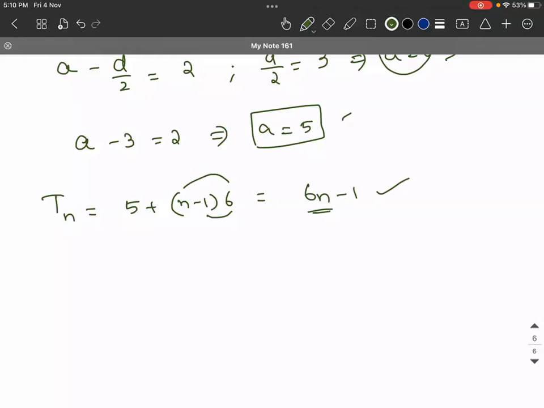Yes, sir. So this is how we need to solve. And in the next class, that is tomorrow's class, we will solve the exercise problems, level 1 and level 2. Okay.